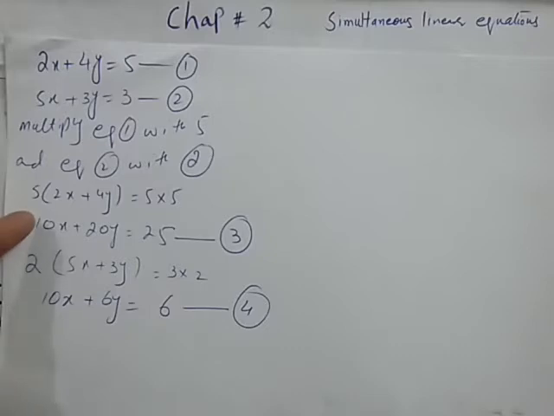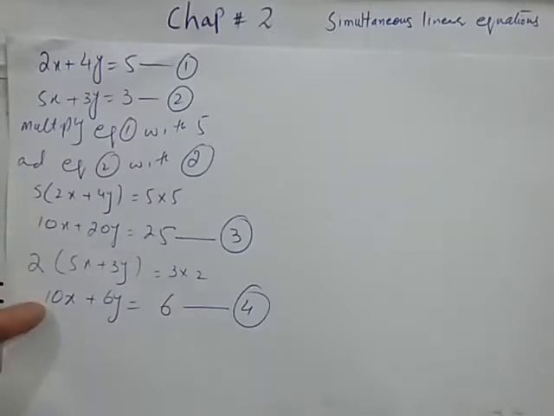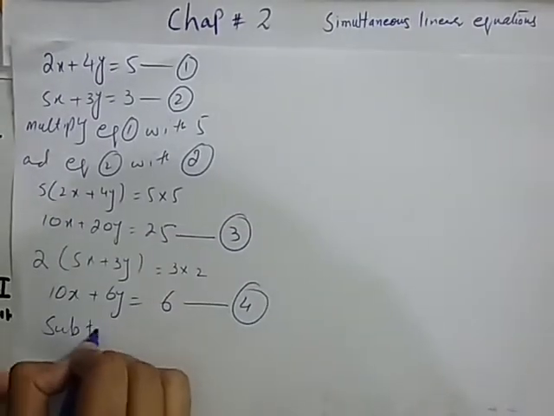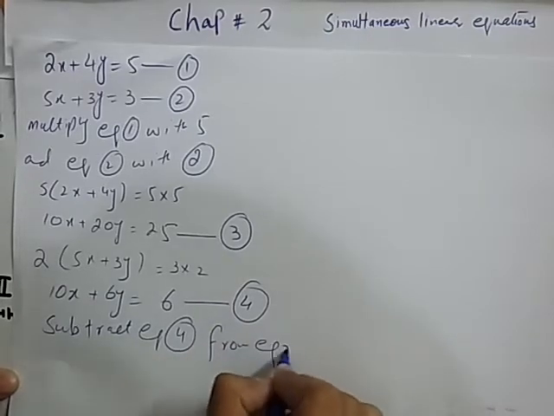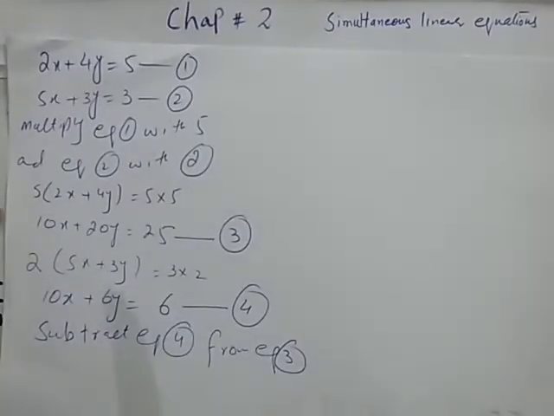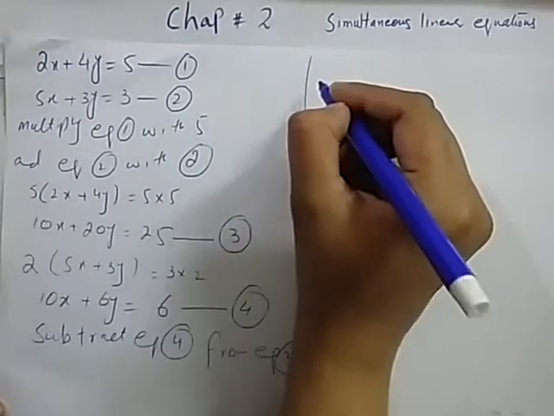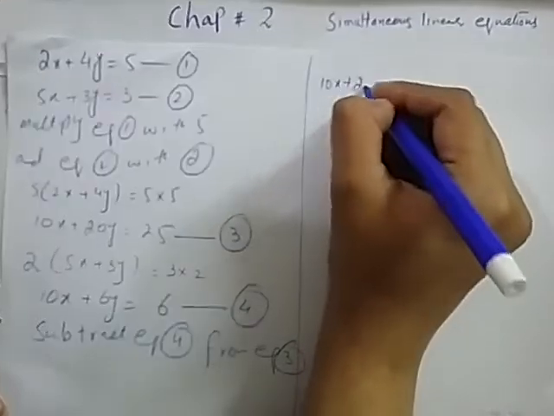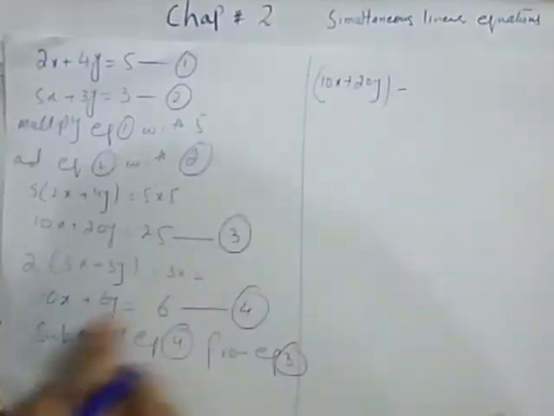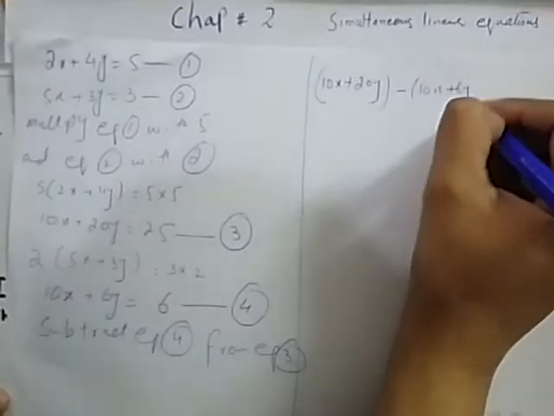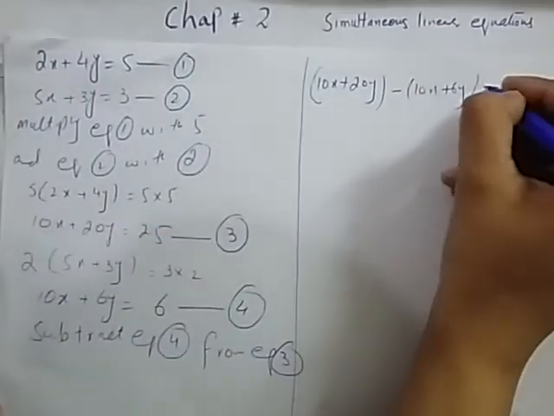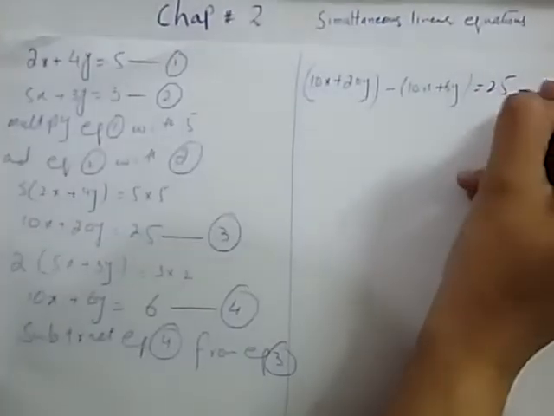Now you can see that in equations number 3 and 4, the 10x terms are the same. It means we can easily subtract them. So subtract equation 4 from equation 3. First of all, we must write equation number 3. 10x plus 20y minus this equation, that is 10x plus 6y, the right side was 25, here it was 6, minus 6.